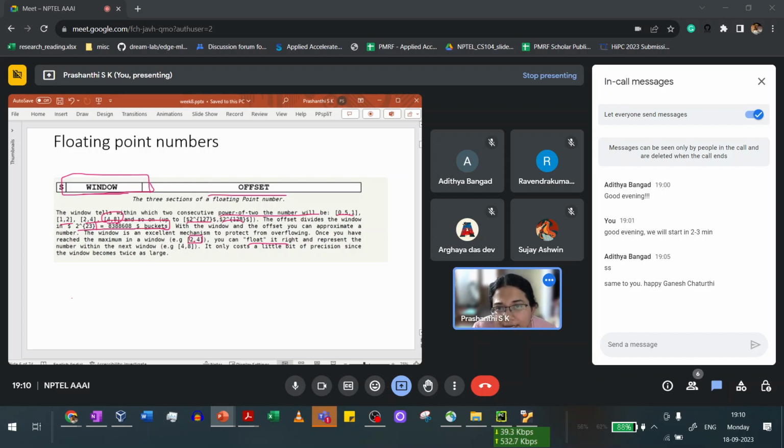So if I am talking about very small windows, for instance 0.5 to 1 or even 2 to 4, in between this, which is 4 minus 2, these numbers itself, you can represent 8 million of them, meaning you get a very fine precision. Whereas if you go to a very high window, the higher your window size becomes, the lesser precision you have.